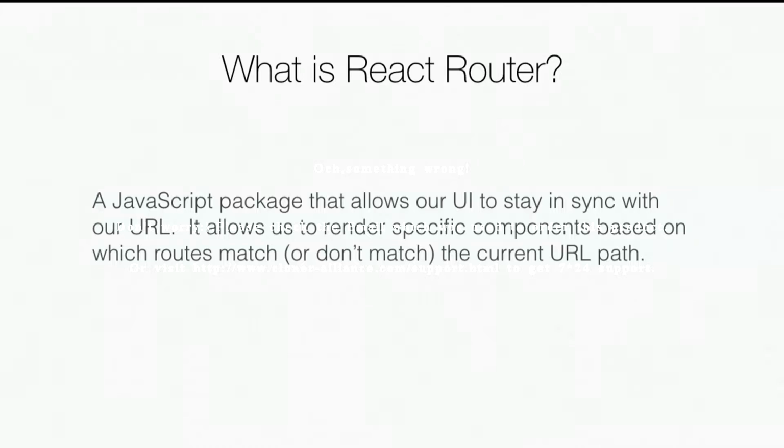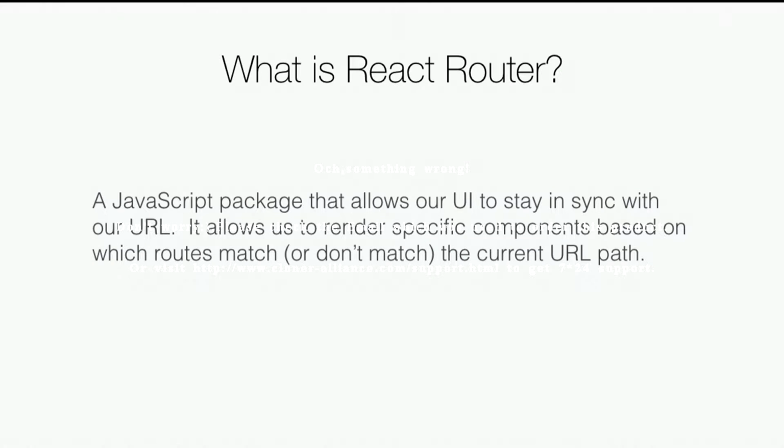But we may still want to have the ability to do other URL paths for a variety of reasons. So we need a way to kind of simulate that, but not actually go to a different page and request an entirely different HTML page. So that's what React Router does, it kind of simulates that whole thing where we can use different URLs and do different things with them, render different components based on what the URL is, without actually navigating to a different place.